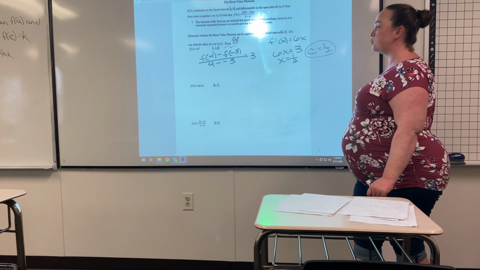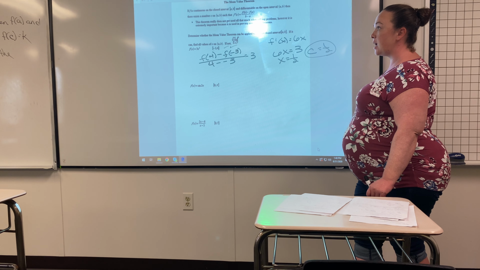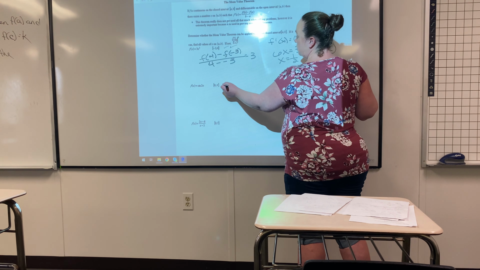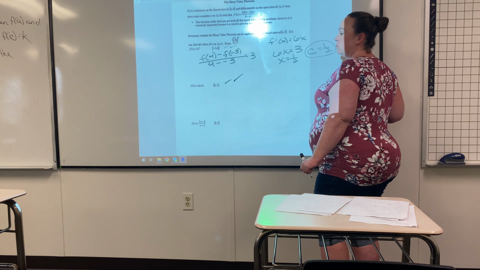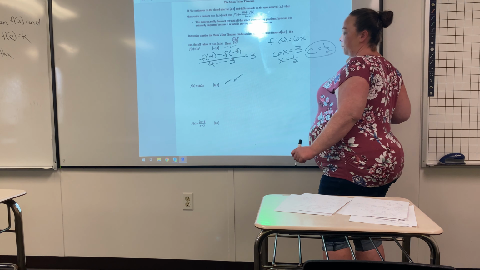All right, second one involves trig. So you've got sine of 2x. Sine is continuous from 0 to pi because it's just a squiggle. Its derivative is a cosine thing, which is also continuous, also a squiggle. So then you want to do your f of b minus f of a over b minus a.